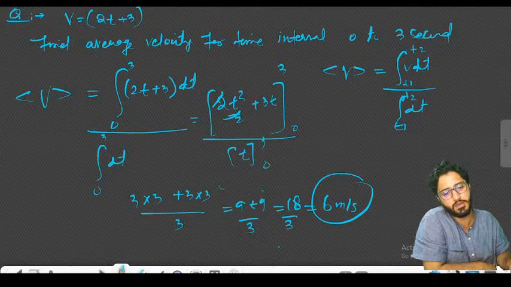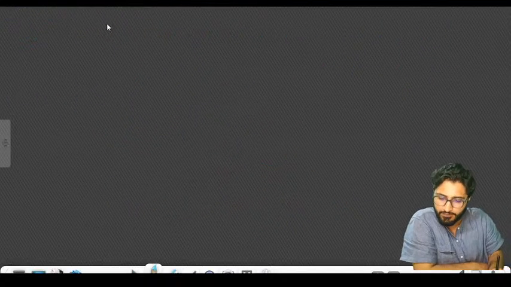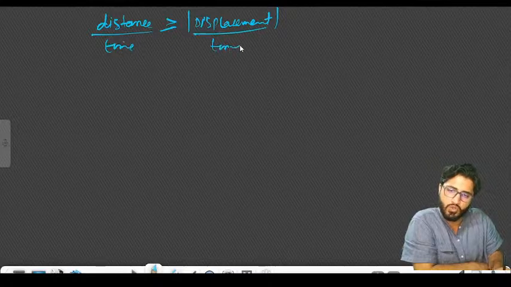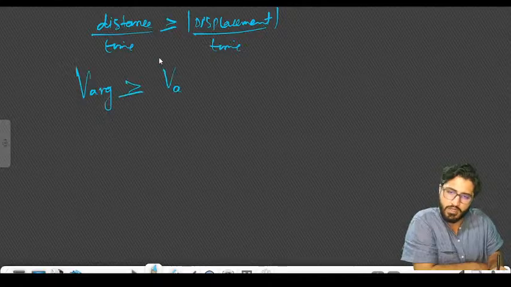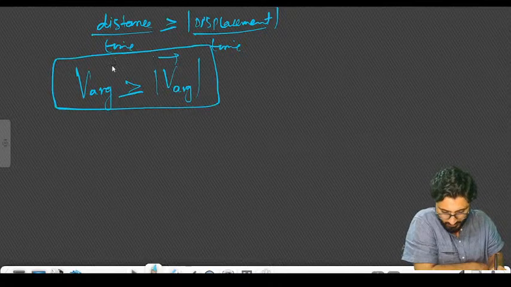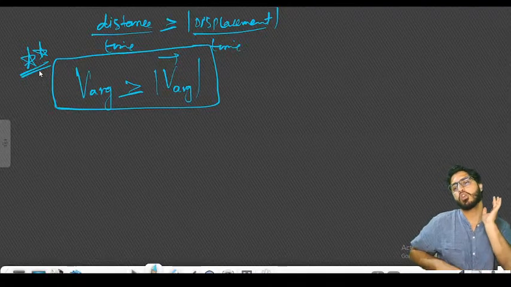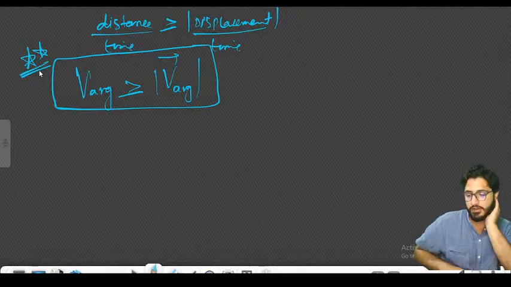Okay, next part. We know that my distance is always more than or equals to the magnitude of displacement. Divide both sides with time, so you will find average speed is more than or equals to average velocity. One more formula, that is average speed is more than or equals to the magnitude of average velocity.